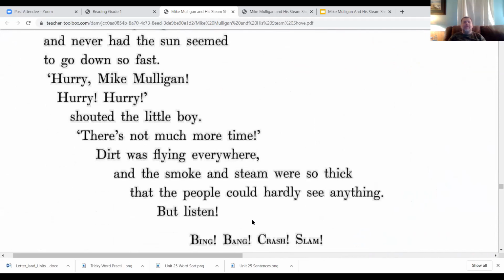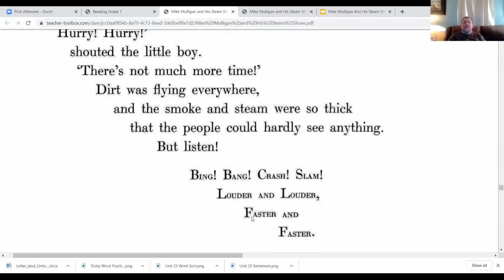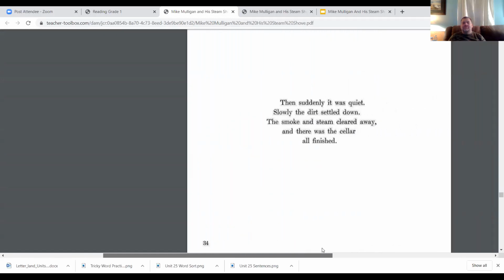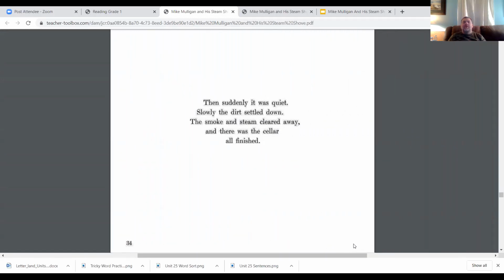But listen! Bing! Bang! Crash! Slam! Louder and louder, faster and faster. Then suddenly it was quiet. Slowly the dirt settled down.